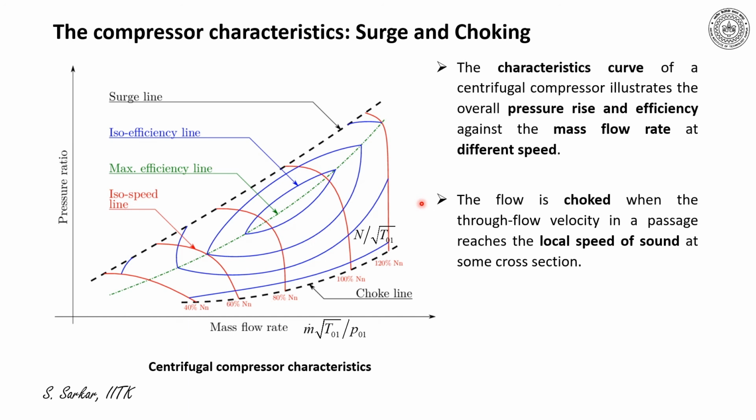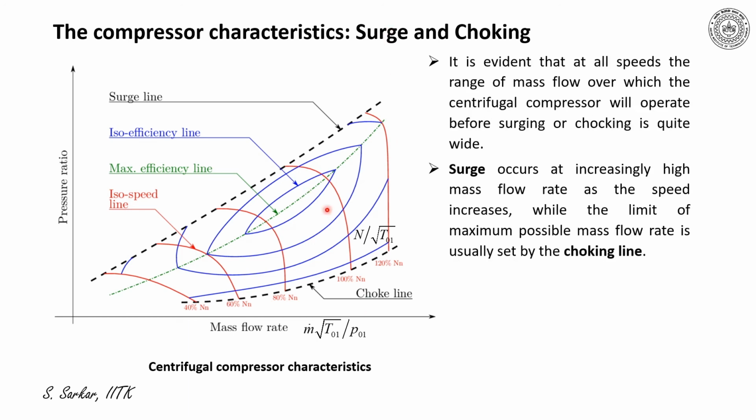This means that no further increase in mass flow rate is possible by increasing the rotational speed, and this condition is termed as choked condition, or we may say the compressor has choked. Now, from the characteristics map, it is evident that at all speeds, the range of mass flow over which the centrifugal compressor will operate before surging or choking is quite wide.